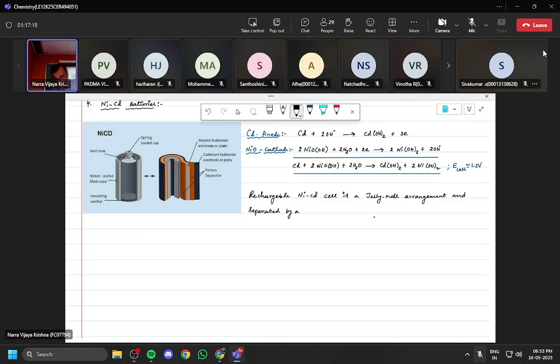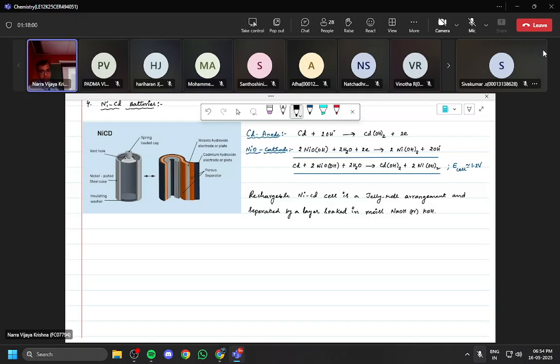So separated by a layer soaked in moist NaOH or KOH. Right? Any questions, sir? Means one layer of cadmium, another layer of nickel oxide. In between both layers, I have kept sodium hydroxide layer. Sufficient? So this is the nickel cadmium cell.